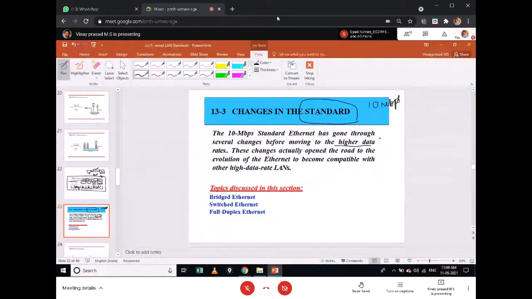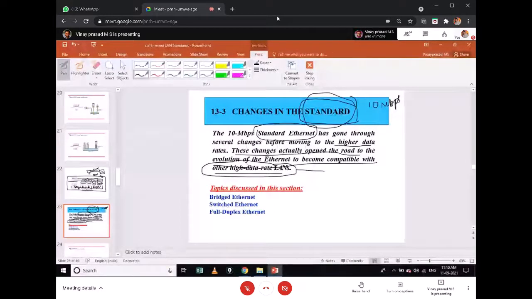As you change something on the standard Ethernet that we just looked at, there would be a chance to get a higher data rate, and this would help it collaborate with other LAN technologies which give a higher data rate. Other than Ethernet, there might be other LAN technologies that may evolve and give a higher data rate.